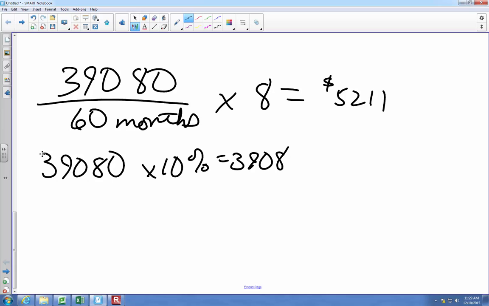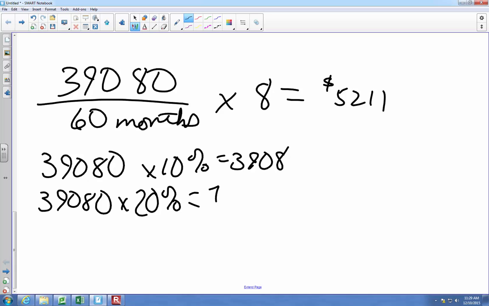And then lastly, it asks for accelerated depreciation. I go to the MACRS table 7-2, and the percentage for year 1 for a 5-year asset is 20%. So for MACRS, it'd be 78.16. Right?